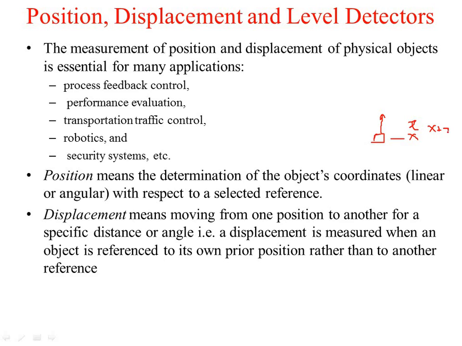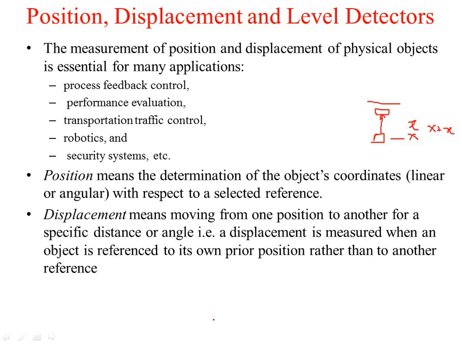Okay, and let us consider this is the reference you are taking. With respect to this, you are going to measure it. So x plus x is your position if the object comes over here. So this is a displacement. So you have to check the object's reference with its own prior position. So this is how you are going to measure the displacement.